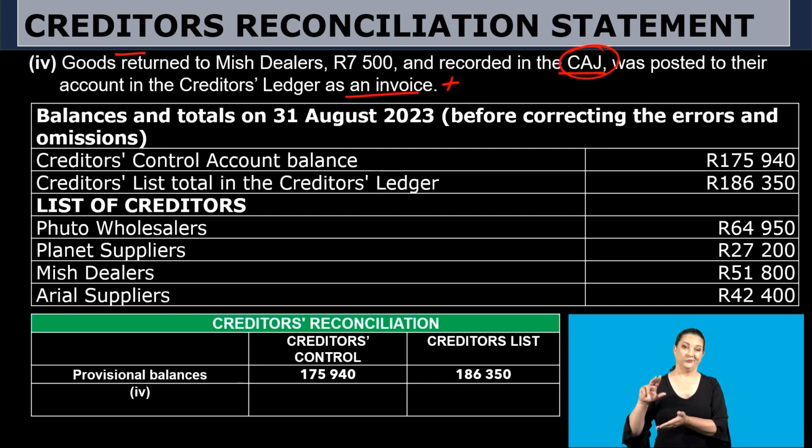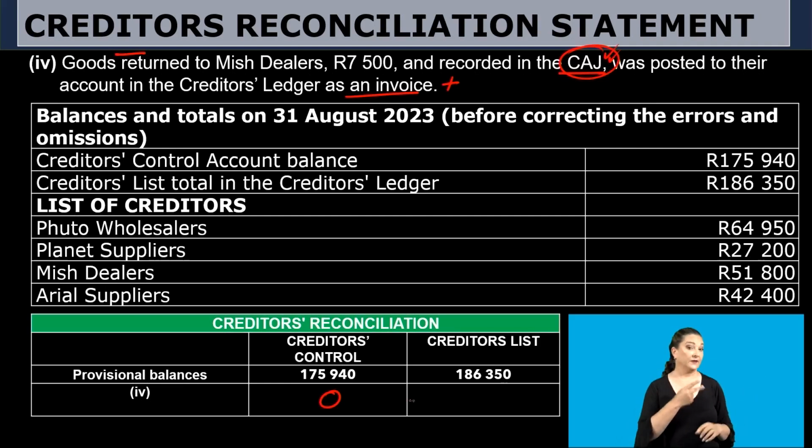So we know that once it's recorded in the CAJ, goods returned, that means my control is also fine. However, it was posted to the account in the Creditors Ledger as an invoice. So an amount that was supposed to be subtracted was added. How do we correct that?